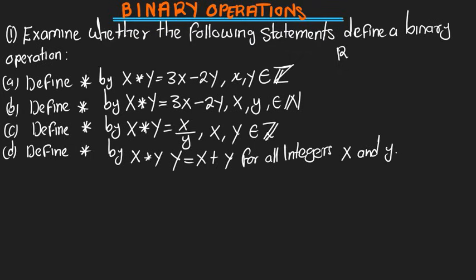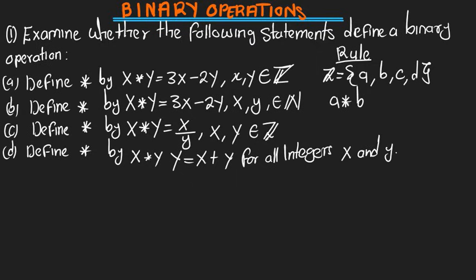Okay, so the rule of binary operations is that if this is a set of integers and this set contains a, b, c, d, if I make an operation of a star b, I need to get two elements from a set of integers, or Z.